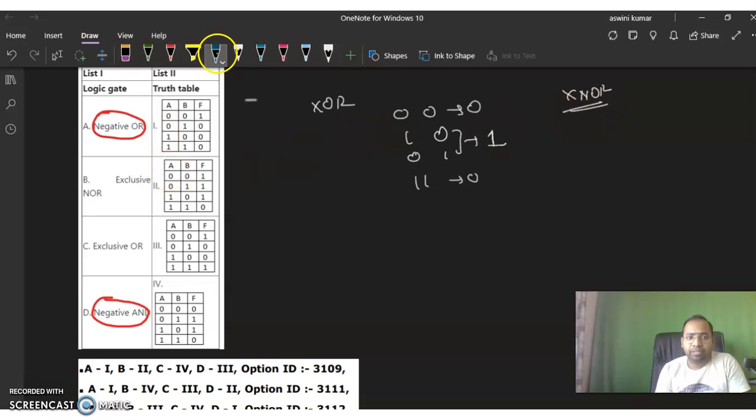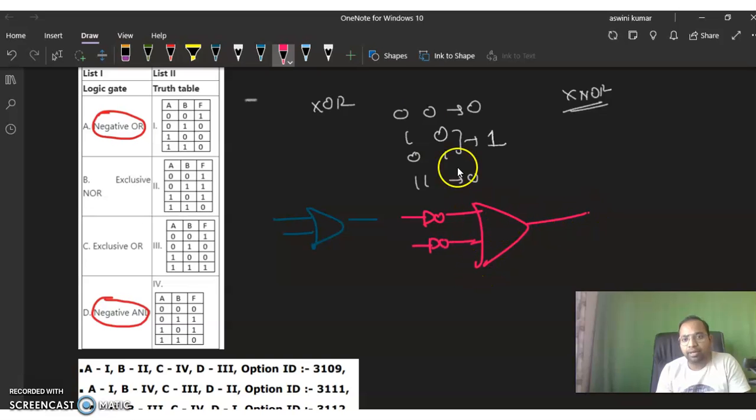But coming to this, what is this negative OR? Usually an OR gate we will take like this, correct? It is the OR gate. But the negative OR we will take like this. It is a negative OR. That means at the starting point we are taking the inverters here.